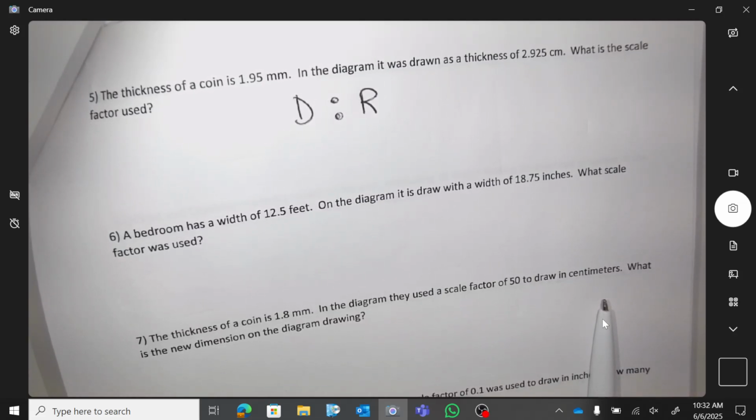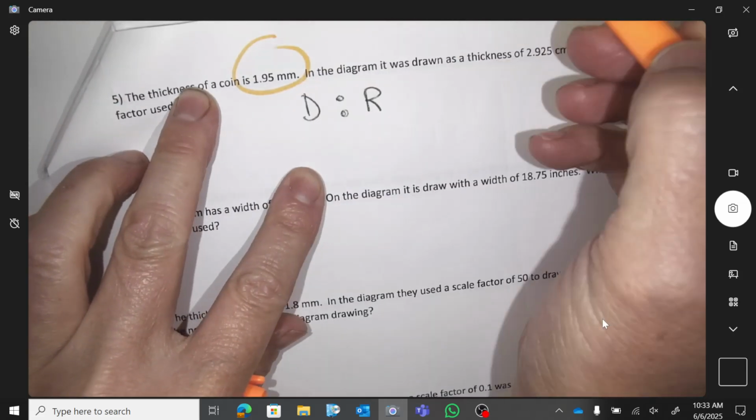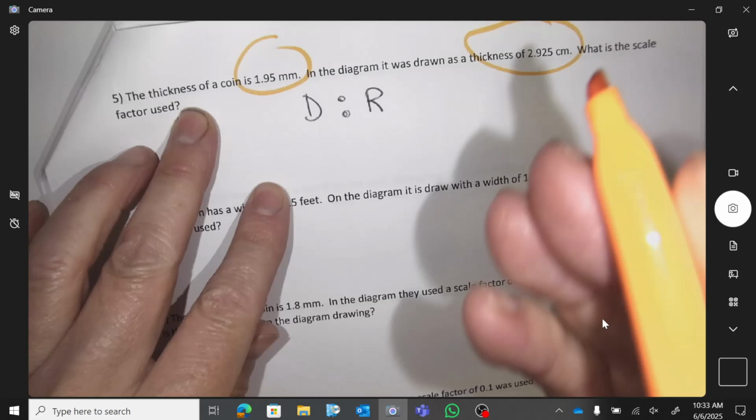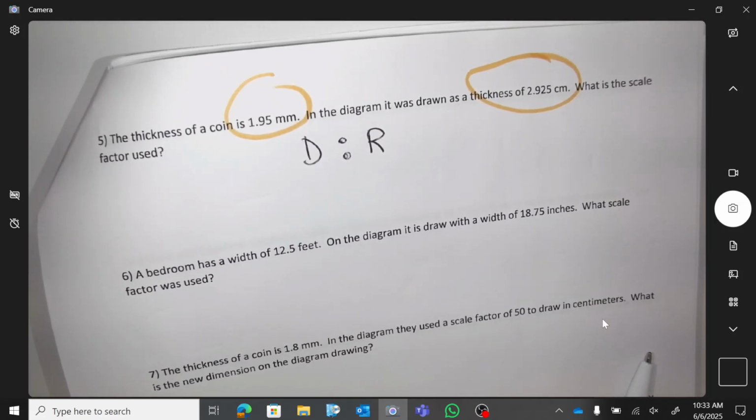So, diagram to real is the format of making a scale. Two values. Identify which one is showing me a diagram value and which one is showing me a real life value.